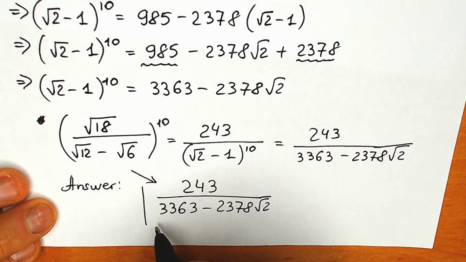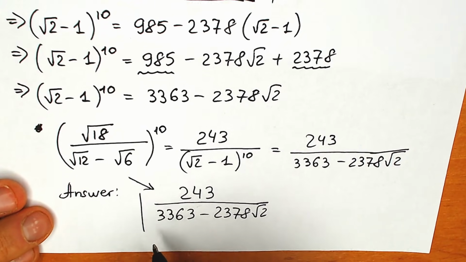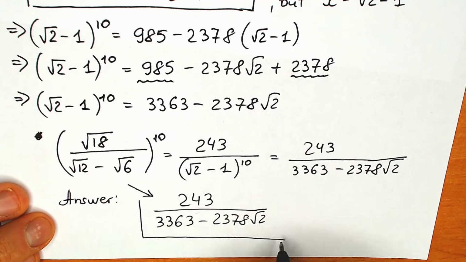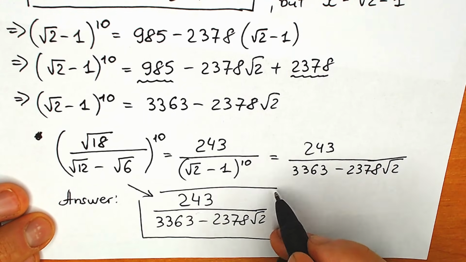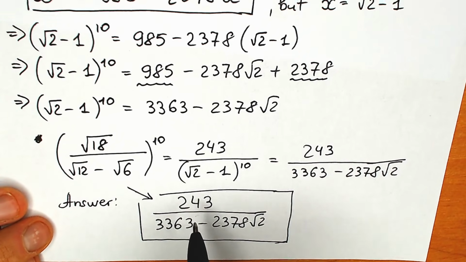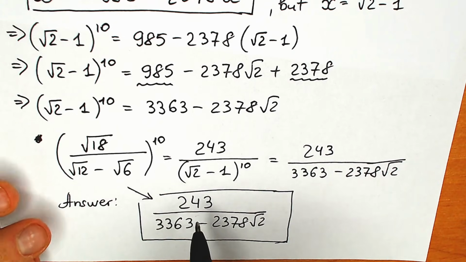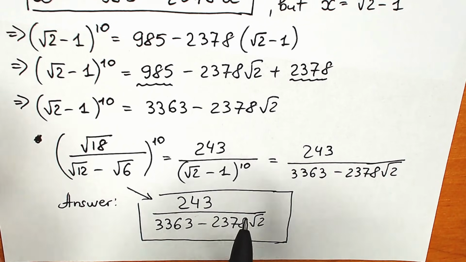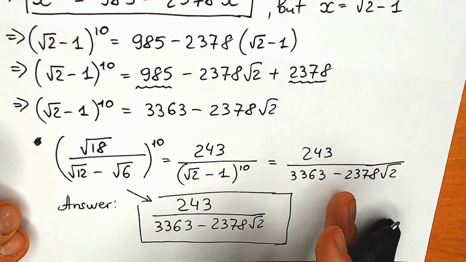These two values, the denominator and numerator, are prime numbers, I guess, so we can't factor something from here. I checked, and we can't cancel anything.